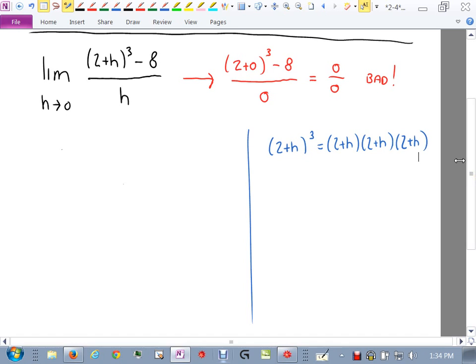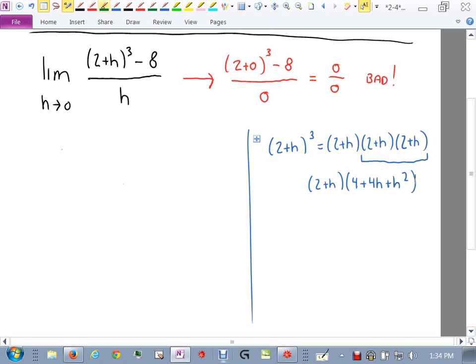So how would you do that? Would you maybe do 2 of them together first, like those 2 first? Do FOIL on that. If you do FOIL on that, you would get, and I'm going to do it in my head, combine everything together. That's what you would get if you multiplied those together.